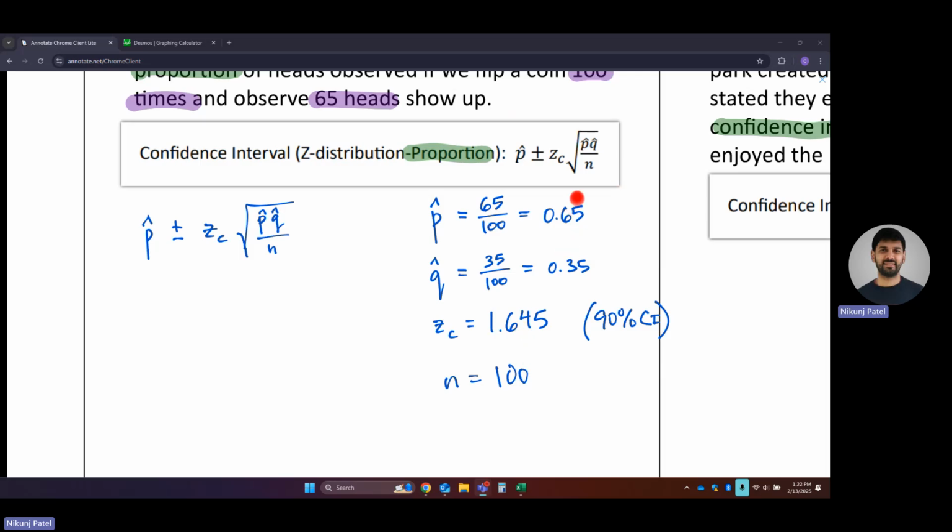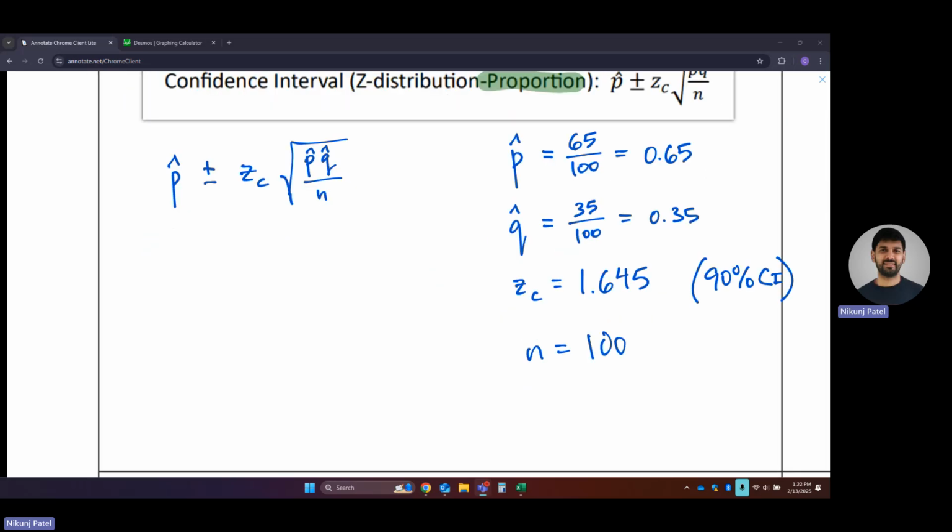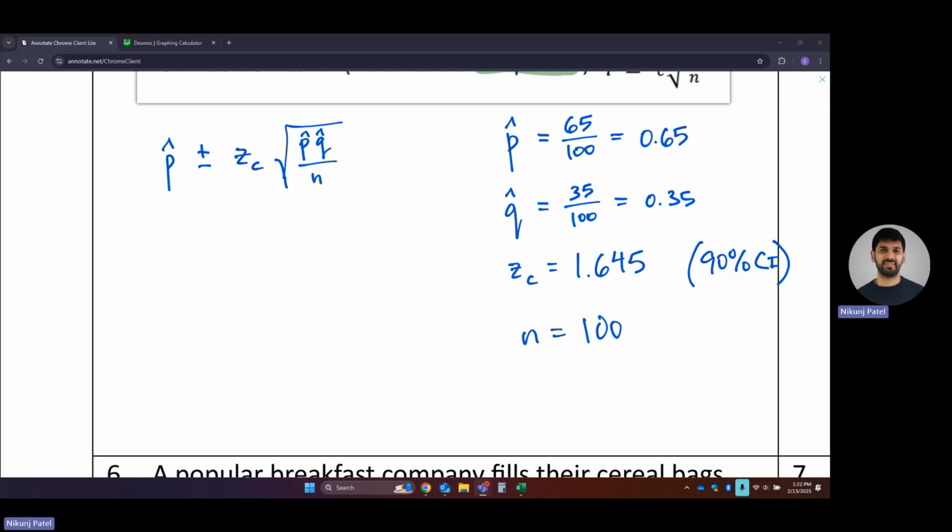And now the rest of this is just plugging it in. To set it up, I'm first going to write it out so you see how it should be set up appropriately. We've got 0.65 is P hat, so there's that value, plus or minus Z critical, which is 1.645, multiplied by the square root of P times Q, so 0.65 multiplied by 0.35, all divided by 100.